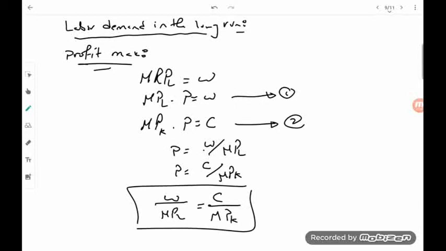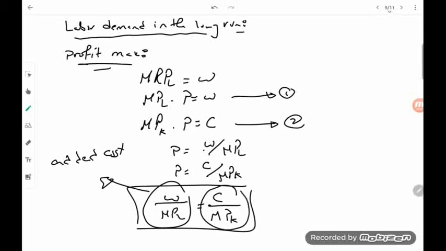Wage over marginal productivity of labor means added cost or additional cost or marginal cost of producing an additional unit of output when using labor.